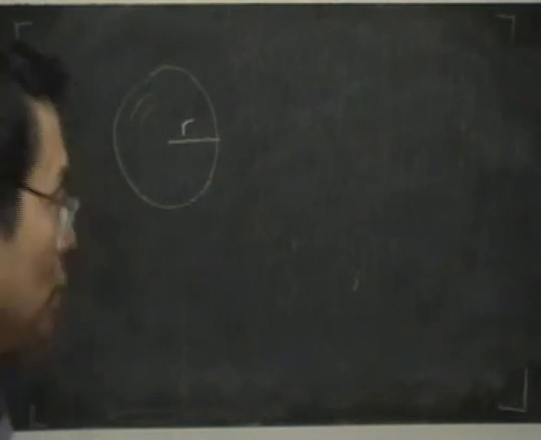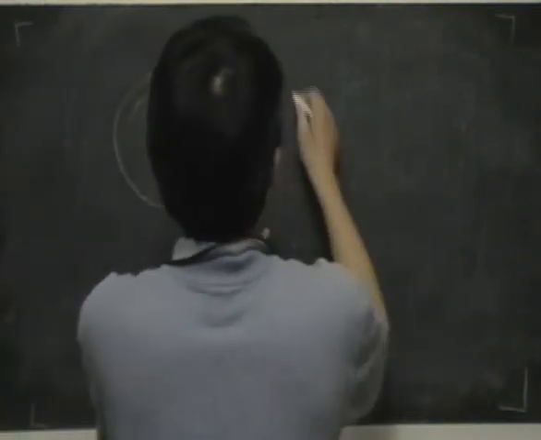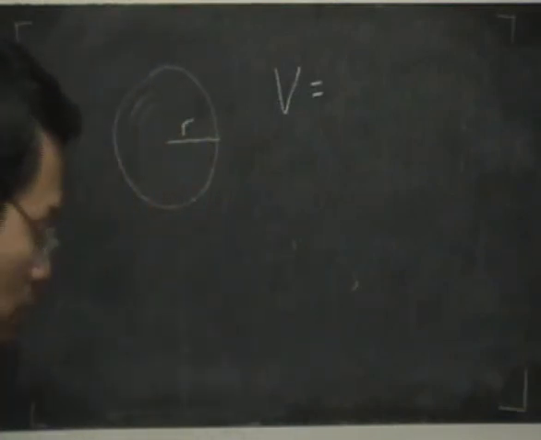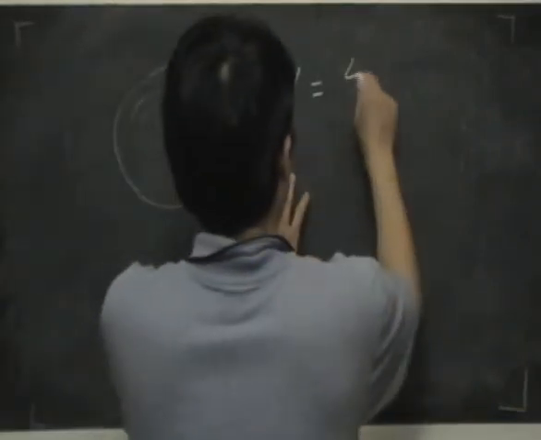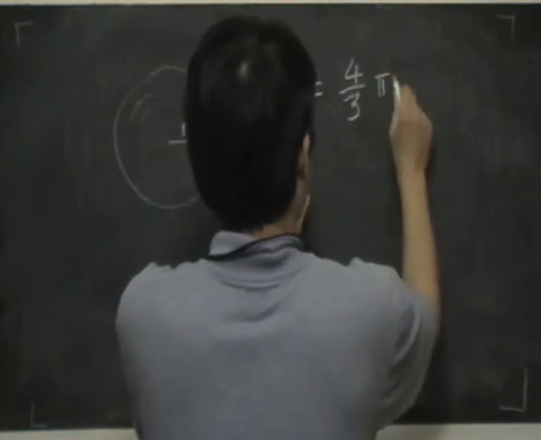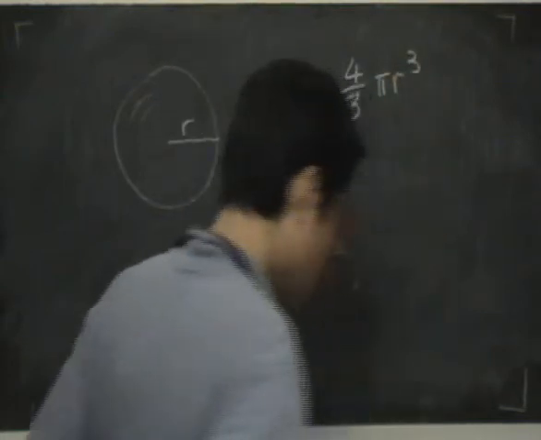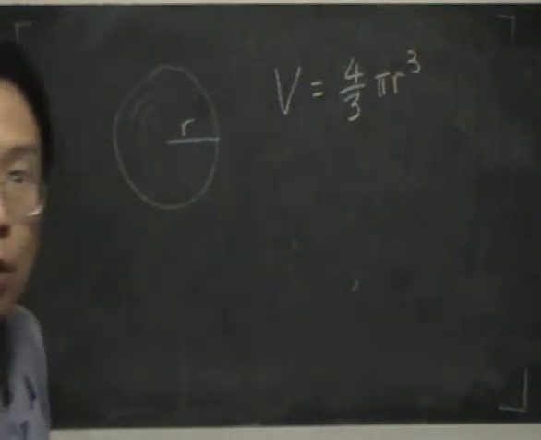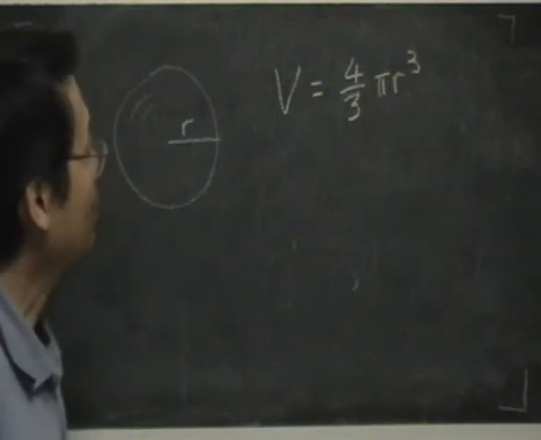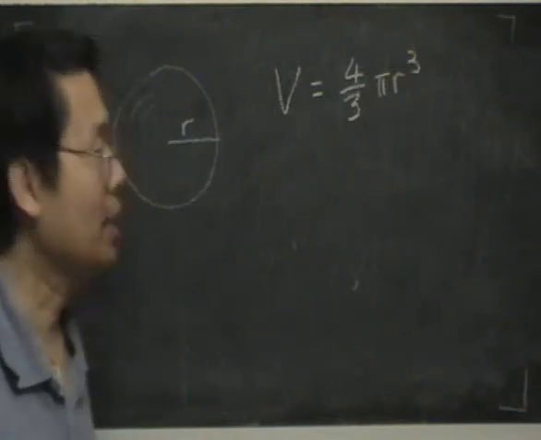So the formula for the sphere is volume V is equal to 4 over 3 pi r cubed. That's the volume for a sphere. It's slightly more complicated.